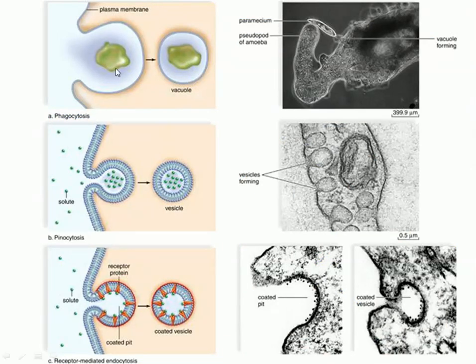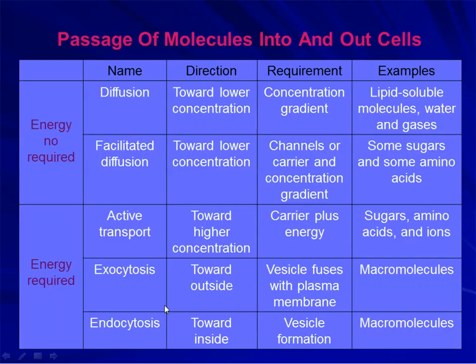In phagocytosis, the cell takes up solid particles. In pinocytosis, the cell takes up liquid particles. And in receptor-mediated endocytosis, it takes up only specific particles. Only those particles that can bind to the receptor protein can be taken up into the cell. These are the comparisons of the different types of transport.